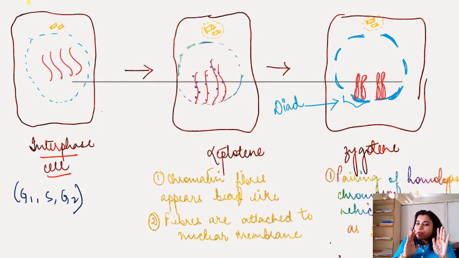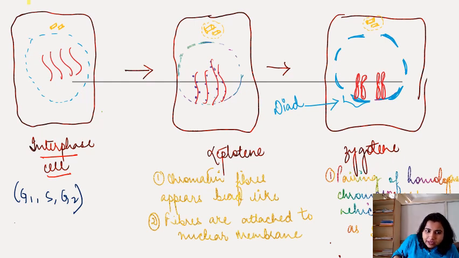Now the cell is ready for karyokinesis, that is the division of the nucleus, which is divided into prophase, metaphase, anaphase, telophase. In meiosis 1, the prophase is divided into how many types? 5 types.